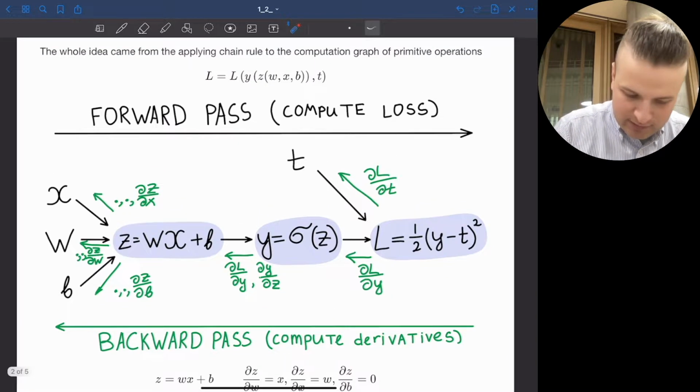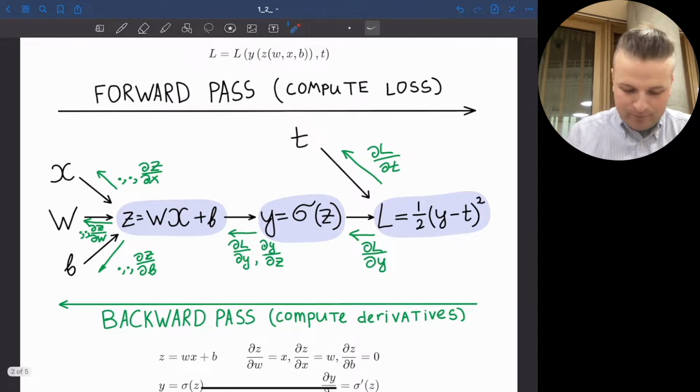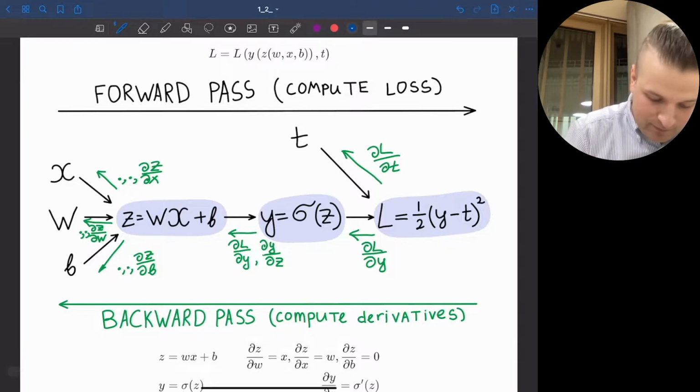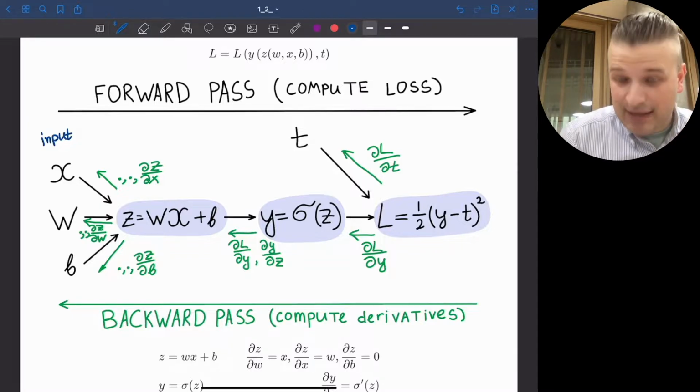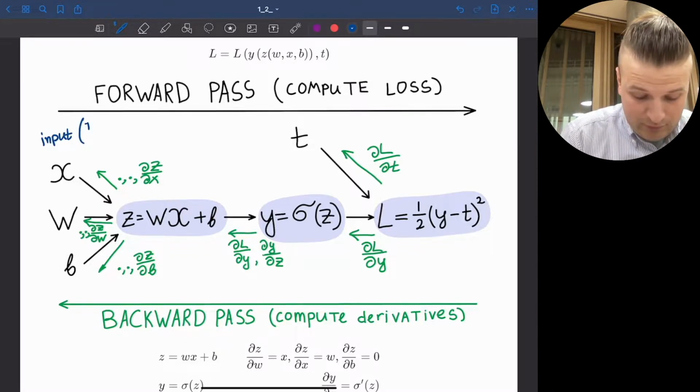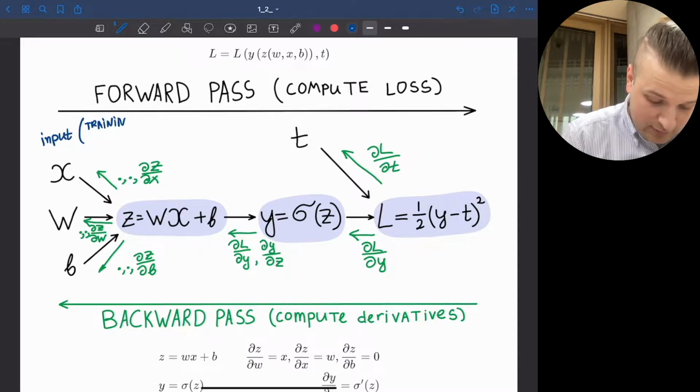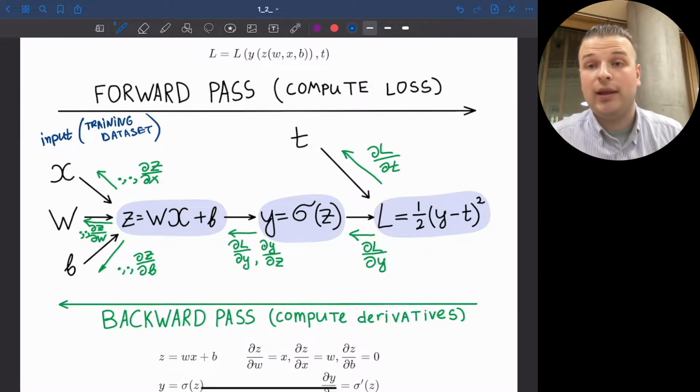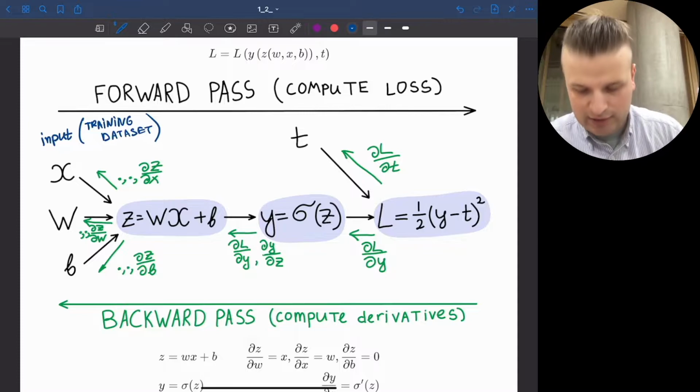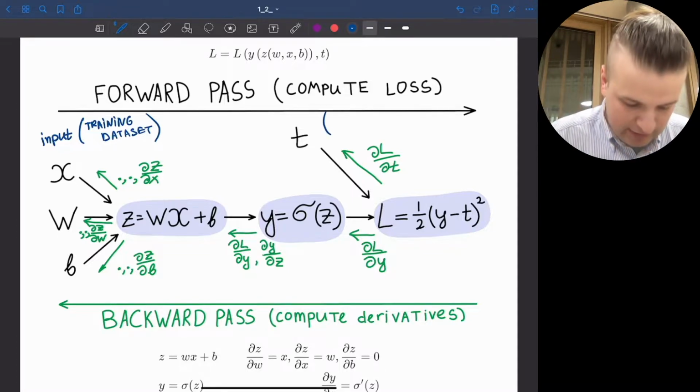Typically, we have this, let's say, x as an input, and usually it is a training data set. As well as t in this notation here.